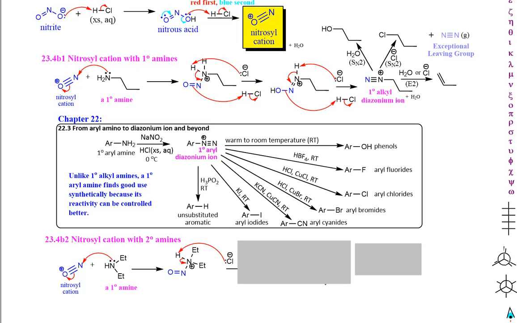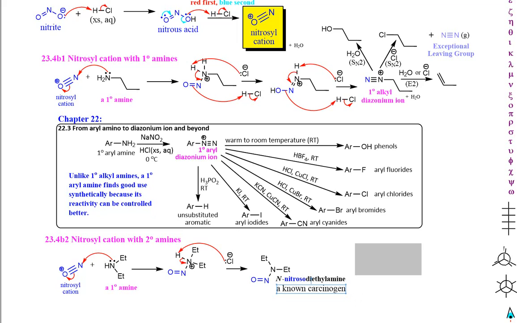It simply undergoes an acid-base reaction, generating an N-nitrosamine, in this case N-nitrosodiethylamine, which is a known carcinogen. A lot of these carcinogens are generated from tobacco smoke. And that's the end of that reaction.